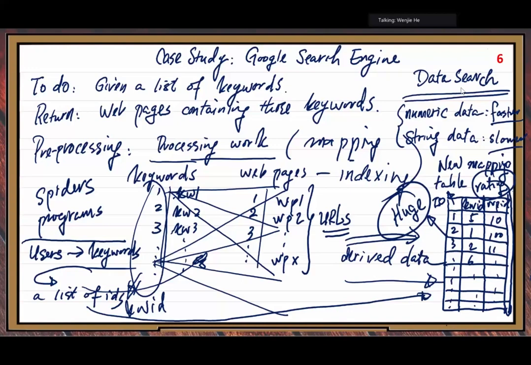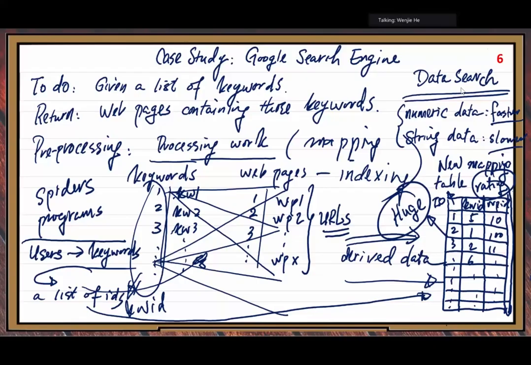When you go to the next page, the second page result is also very fast, based on the rating numbers. That's typically the main idea of the Google search engine. Not very complicated, but you need a lot of computing power to do this kind of pre-processing and store a large amount of data. There are a lot of details, but the main ideas you can see from this slide.